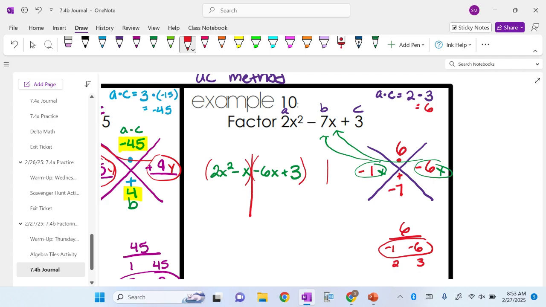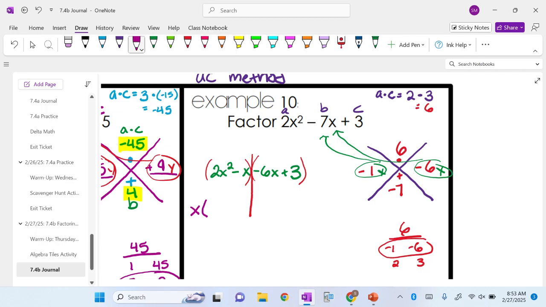Now, what's the GCF of my first group? So numerically, 2 and 1, is there a GCF besides 1 there? No. What about x squared and x? What do they share? Just a singular x.